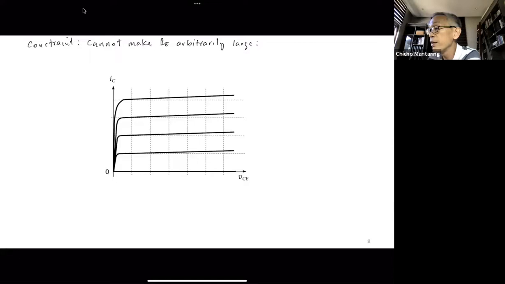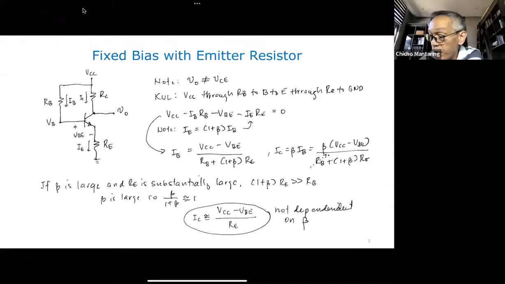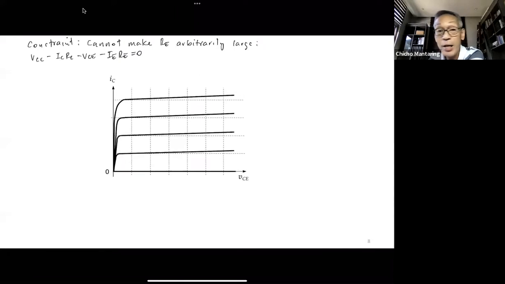Okay, the reason for that is this. We said that VCC minus ICRC minus VCE minus IERE is equal to 0. That is KVL from VCC to ground through the collector emitter. So VCC minus ICRC minus VCE, ito yung VCE, minus IERE, that's equal to 0.